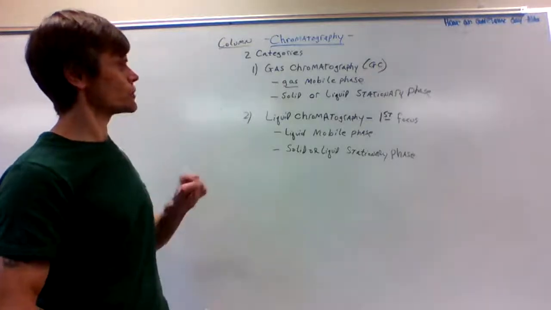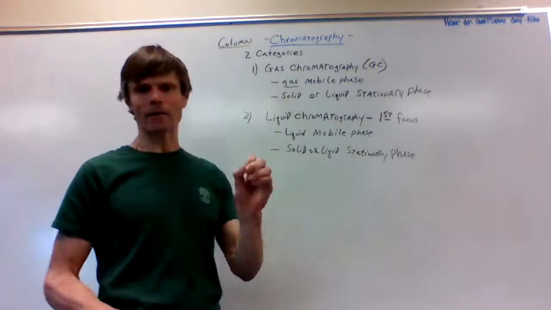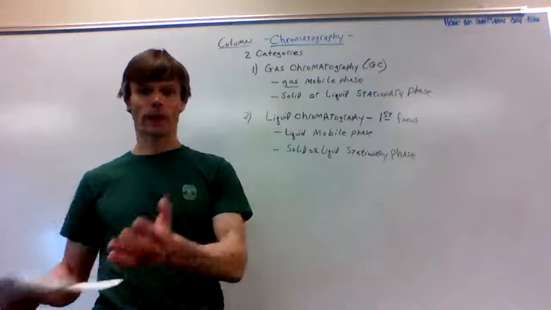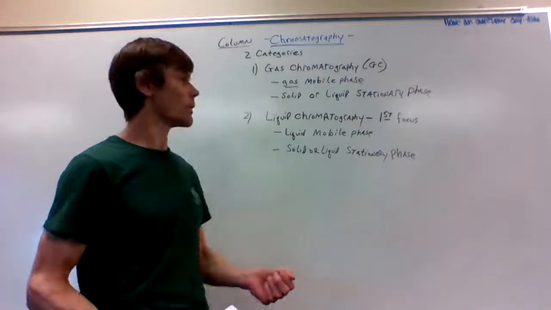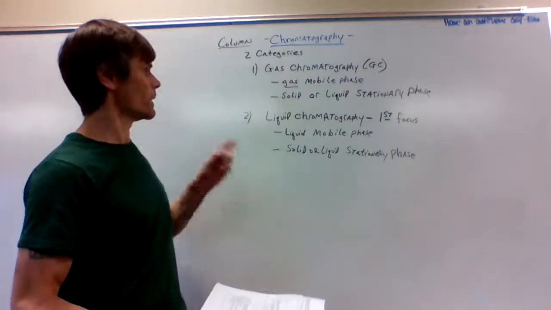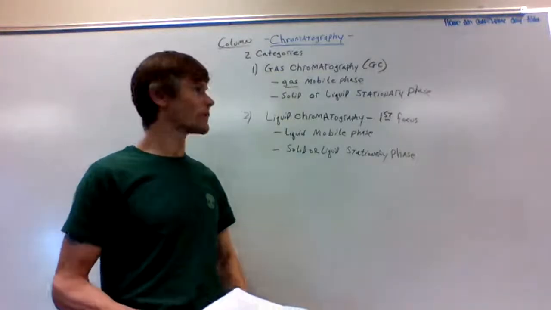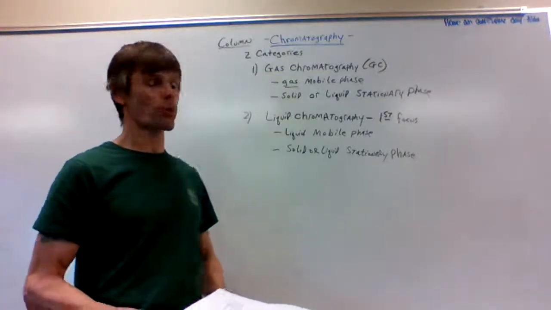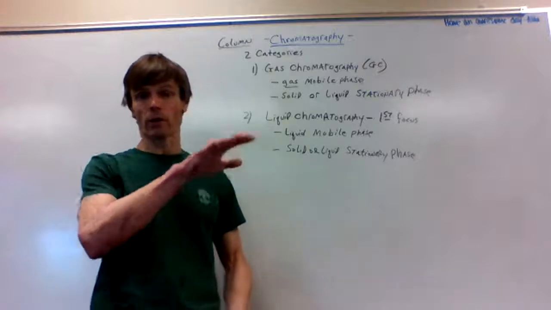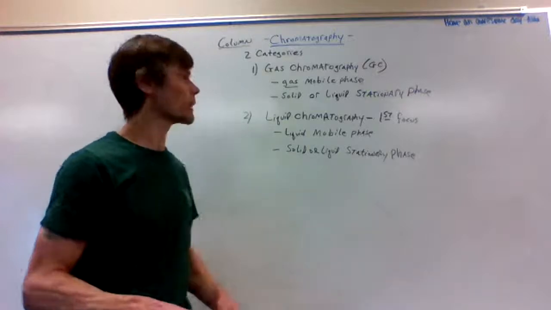This is the situation in which we have a gas mobile phase that carries our solute over a column. And in that column, we have a stationary phase that's composed of either a solid support or a solid support with a liquid coating on it.